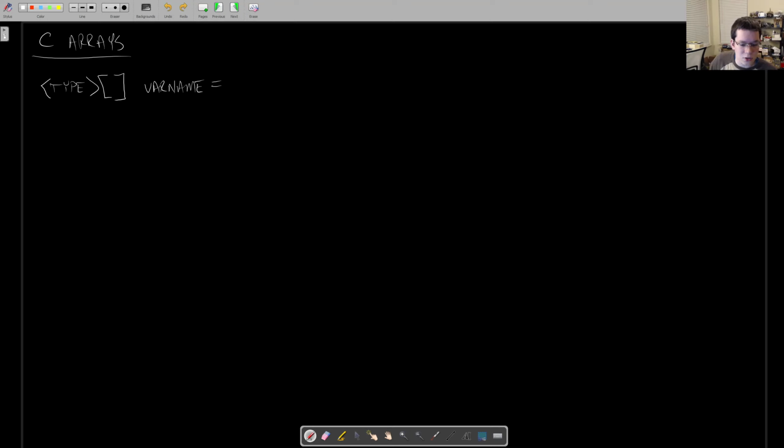This is an optional length as well. This one you don't have to put in, so I'll put it in red. Length.